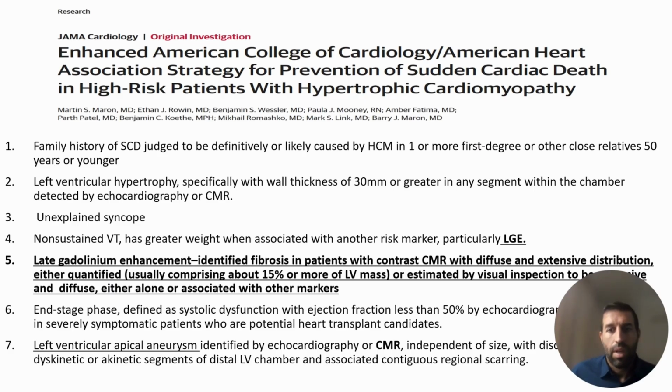It recognizes the connection between diffuse and extensive LGE and sudden cardiac death, and finally adds the left ventricular apical aneurysm identified by echocardiography or CMR as another risk factor for sudden cardiac death.